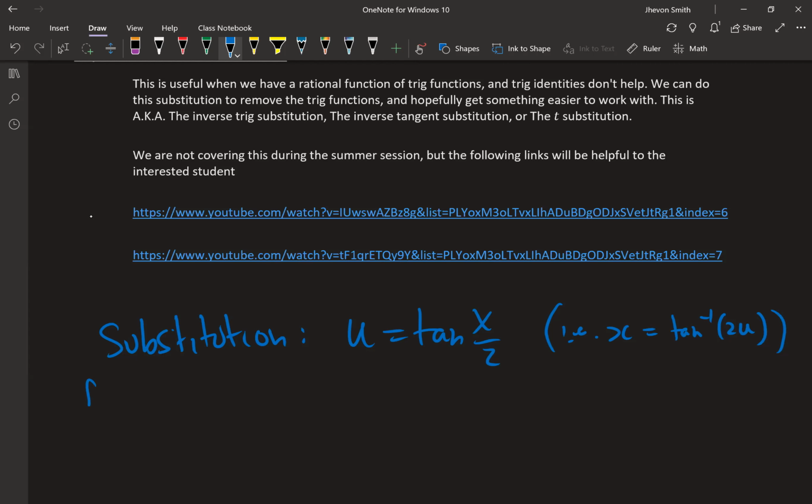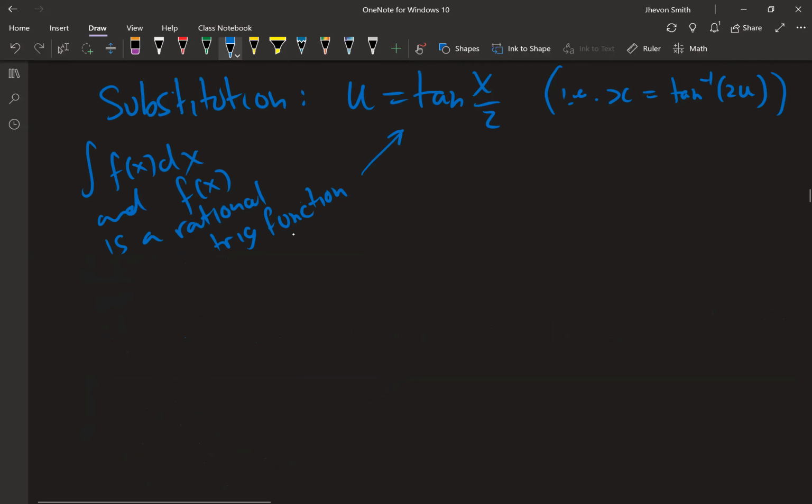This is if you have the integral of f of x dx, and f of x is a rational trig function, which means it looks like a ratio of polynomials, except instead of x's, you have trig functions in those places. Then this substitution can be quite useful, because now if u is equal to tangent of x over 2, your du is going to be, well, let me rewrite it differently.